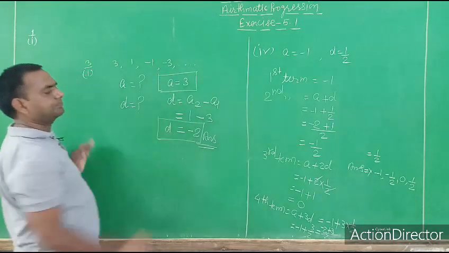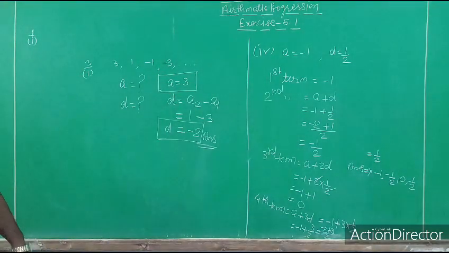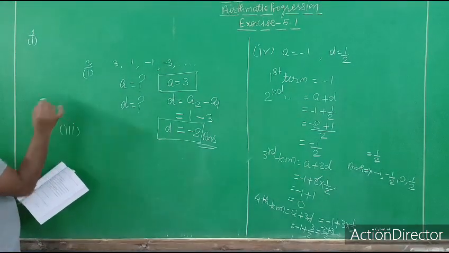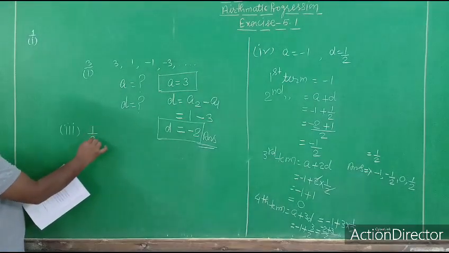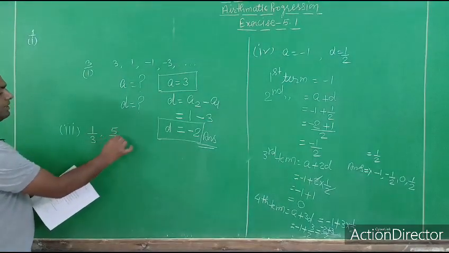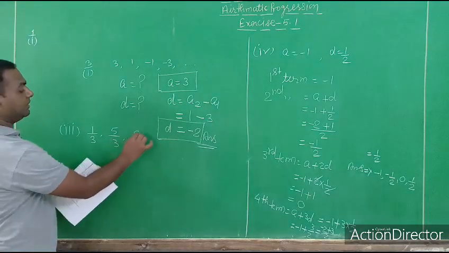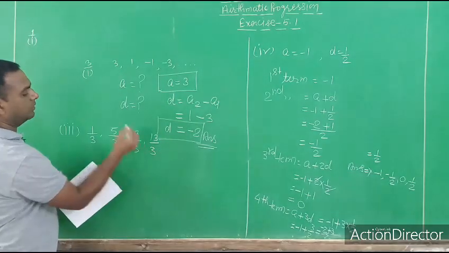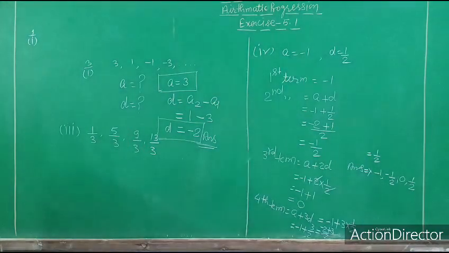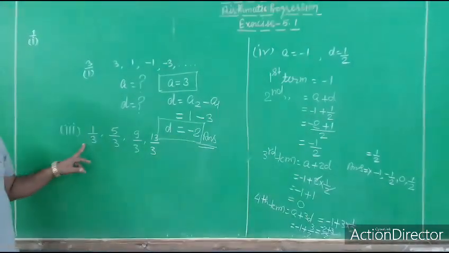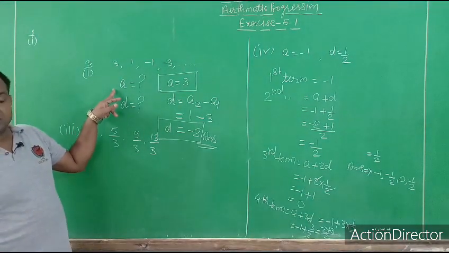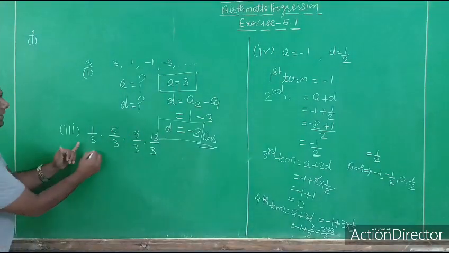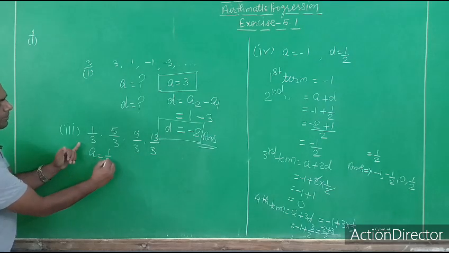Next question is also given, question number 3rd. In the question number 3rd, you see 1 by 3, 5 by 3, 9 by 3 and 13 by 3. Then you see that here also, like the previous questions, the first term A is equal to 1 by 3.